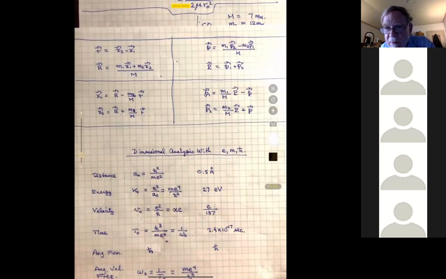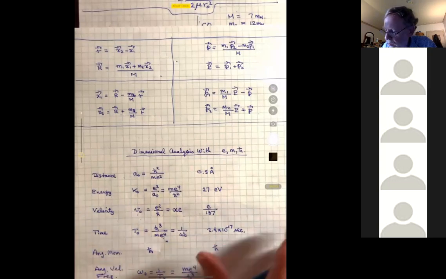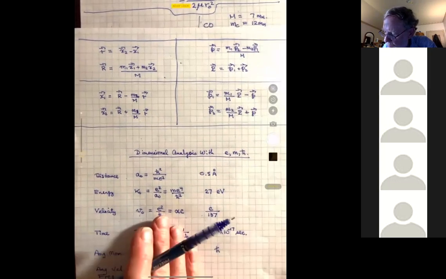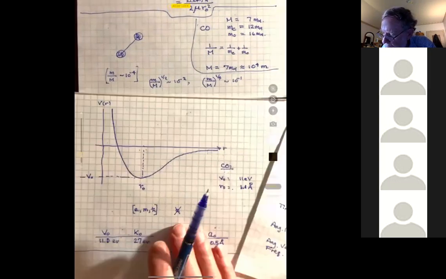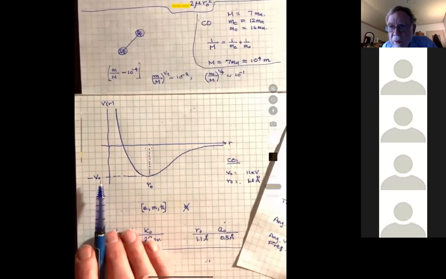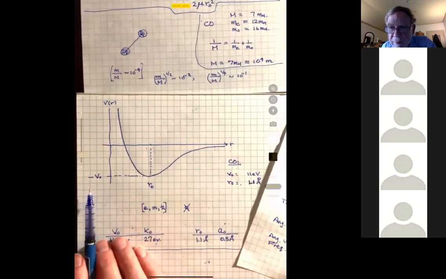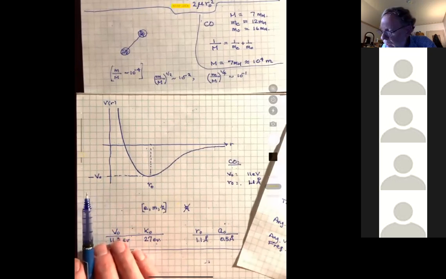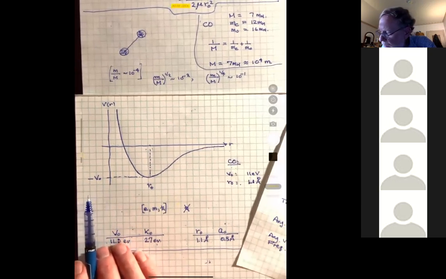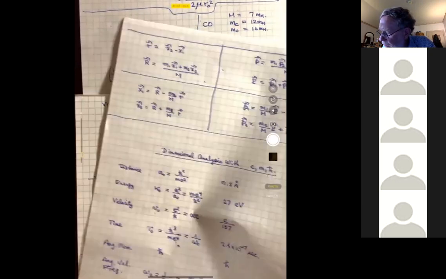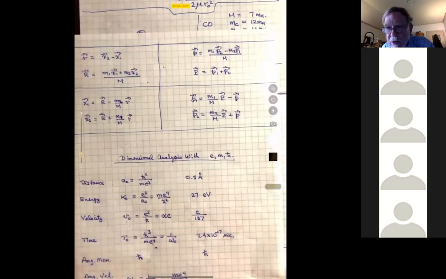There's nothing else. And so the length that comes out of it, like this minimum of the potential. Were you talking about the well depth? Yeah, the energy. The well depth is an energy. It has dimensions of energy. It's got to be of the same order of magnitude as the unique energy that can be constructed out of these constants. There's no other way.